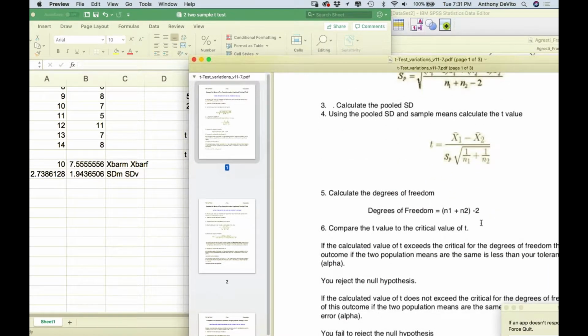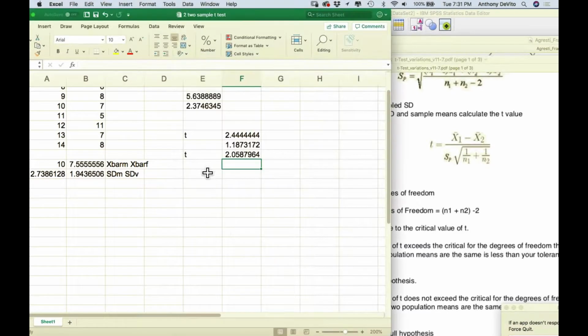The degrees of freedom are n1 plus n2 minus 2. So we want the t-score for the degrees of freedom equal to 16. 9 and 9 minus 2, right? And that's going to be our critical value of t.